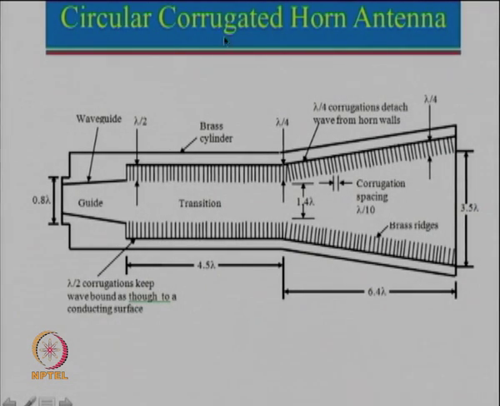Now let us see how this corrugation has been done. It has been done very beautifully. I want to just mention it one by one. If you see here, it starts with this particular dimension equal to lambda by 2. Now what does this really signify?